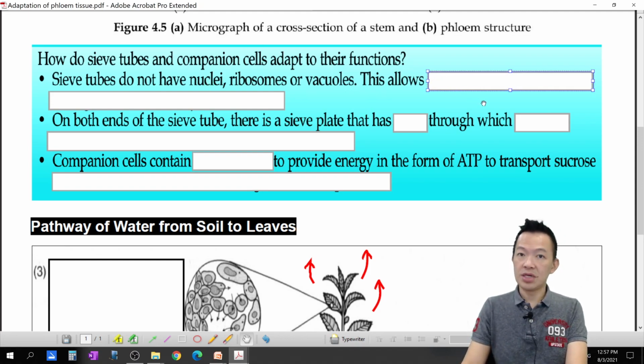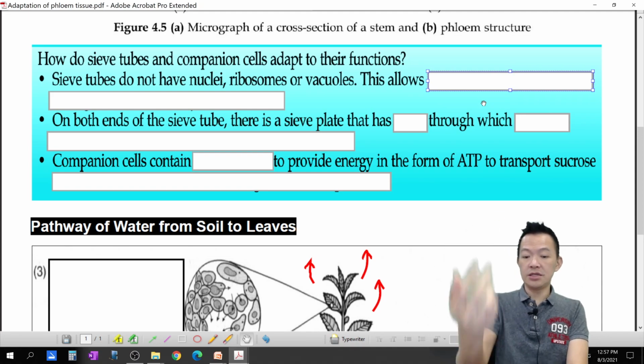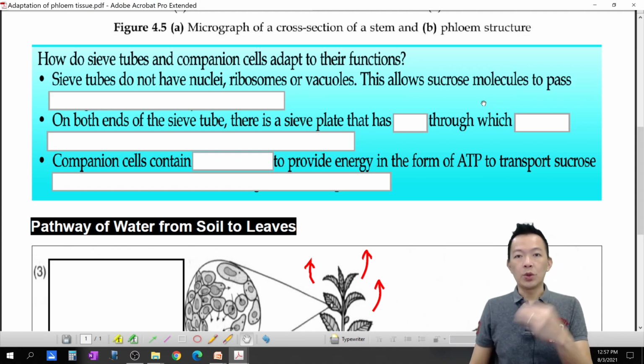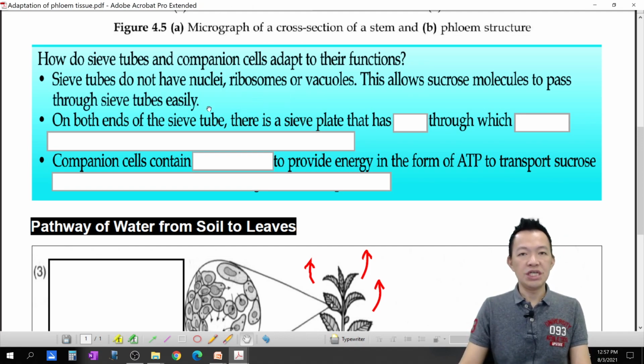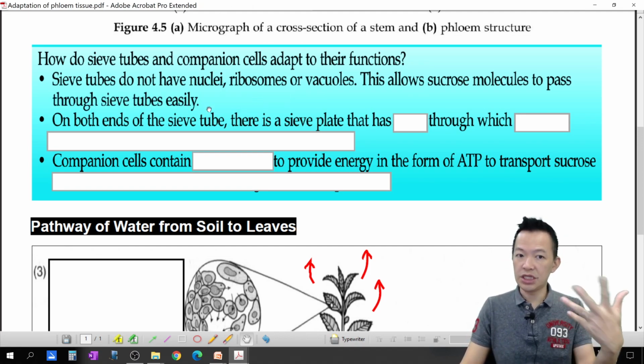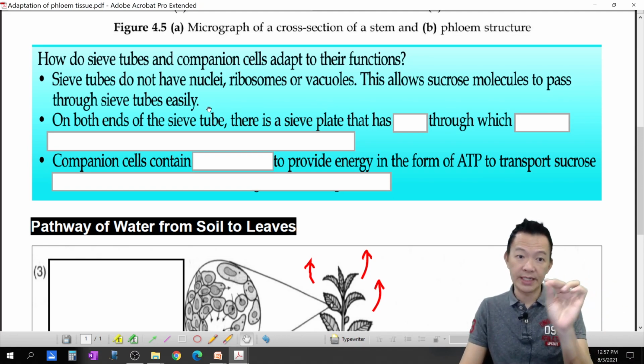Why? To allow 准备空间嘛，to allow the organic food substances to flow through， 就准备更多的空间给那些有机物品流过嘛。To allow the sucrose molecules to pass through easily 给那些 sucrose 轻易的流过了，so 它少了很多东西，but it's a living cell with cytoplasm.